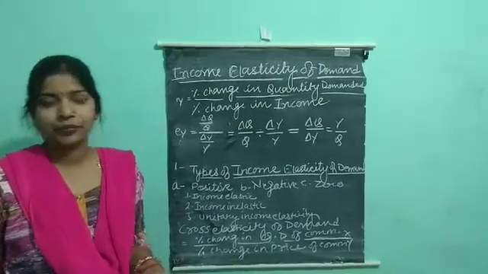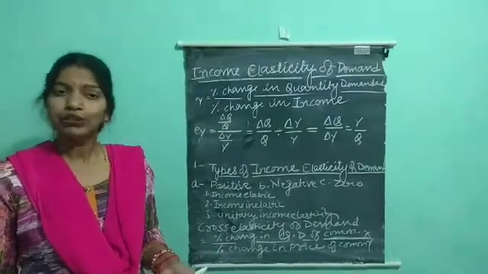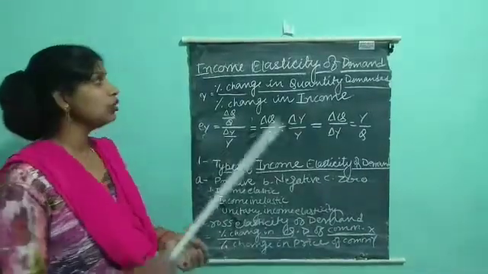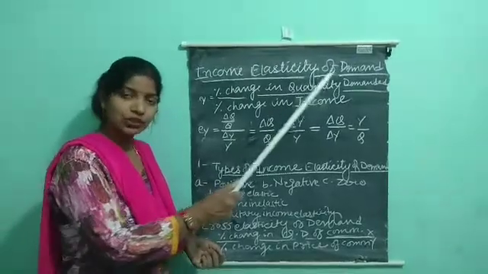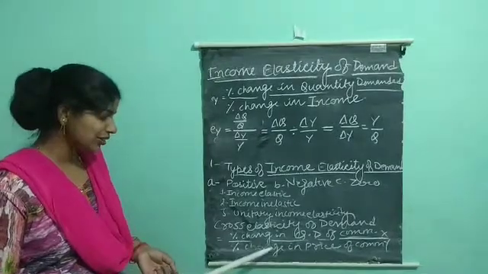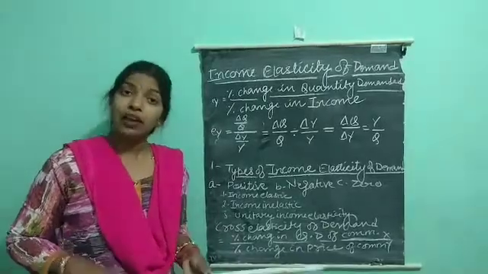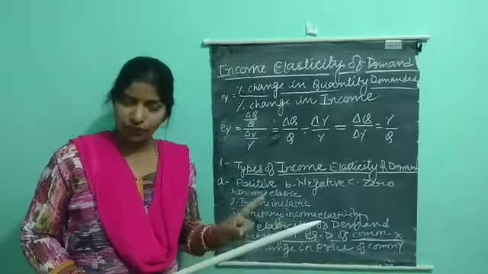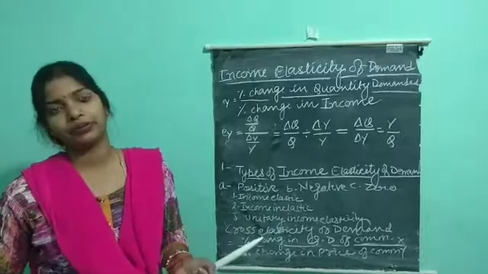My dear students, we have done the types of elasticity of demand. Elasticity of demand has three types: first is price elasticity of demand, second is income elasticity of demand, and third is cross elasticity of demand.